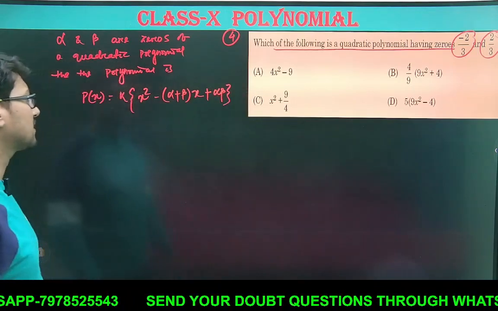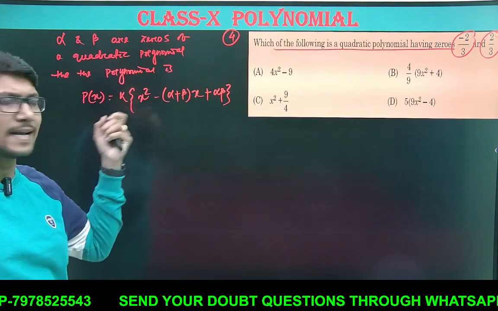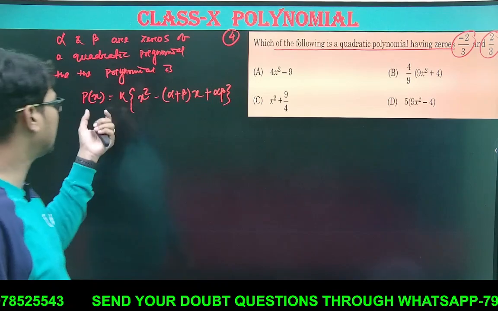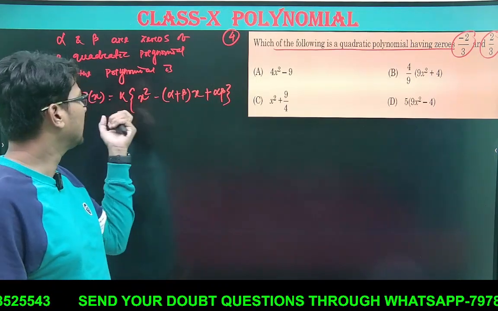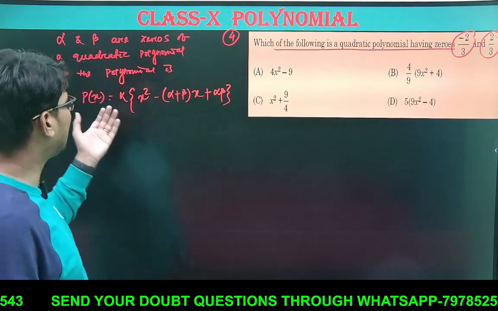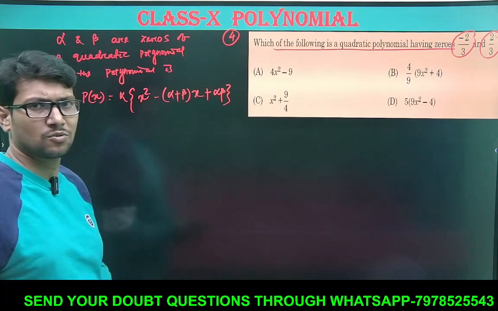It means if we know the zeros, we can find their sum as well as their product. Then we can write the polynomial. Here k is any constant. If you write k, it's better. If you do not write it, that is also okay.